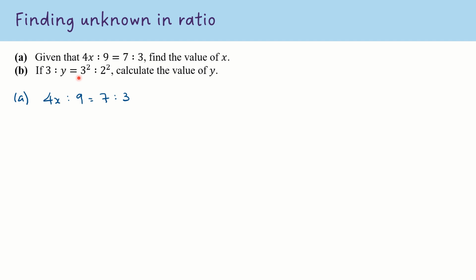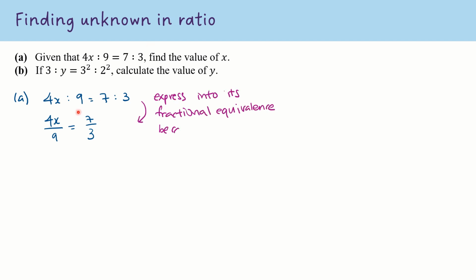So what we could do is to re-express this ratio form into its equivalent fractional form. Since we know that 4x is to 9 can be written as 4x over 9, and 7 is to 3 can be written as 7 over 3, it will be much easier for us to solve this because we know how to solve a fractional equation.